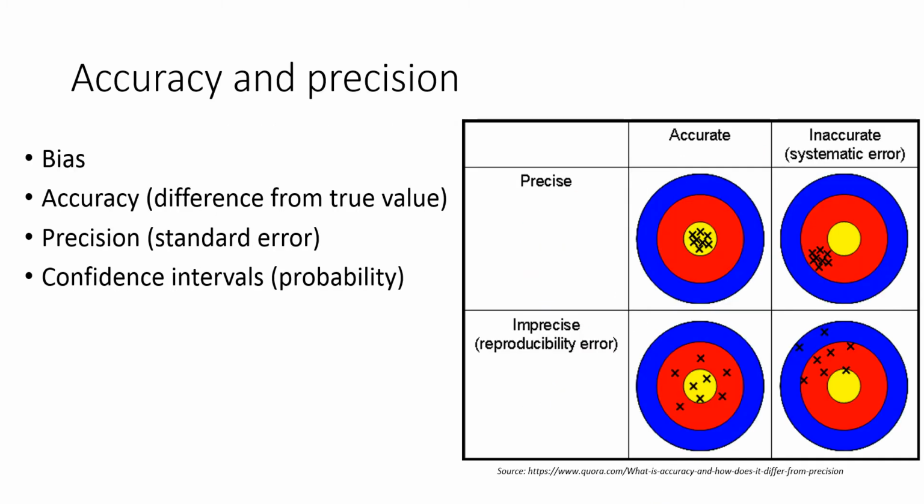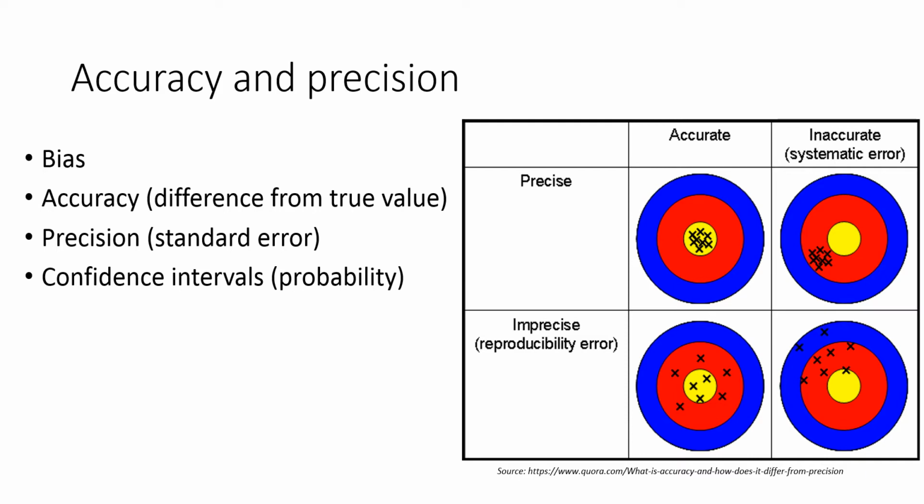Okay. The accuracy versus precision component. I suspect you have all seen this figure, or something similar, many times. When we're thinking about statistical designs, and about making inferences from our data, you want to think about what your data look like, and how your measurement technique ties to the results that you have.